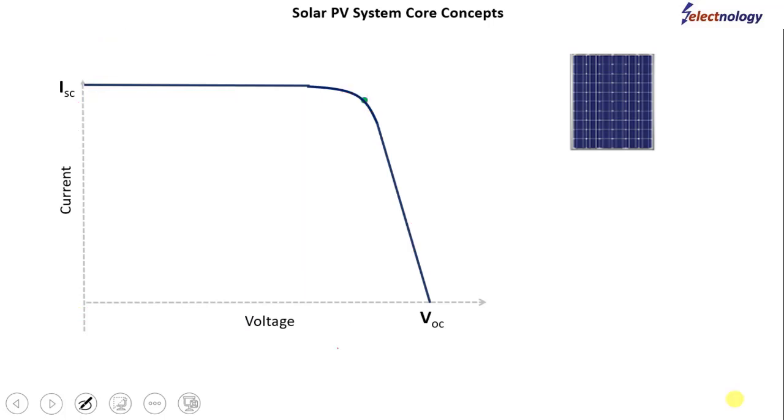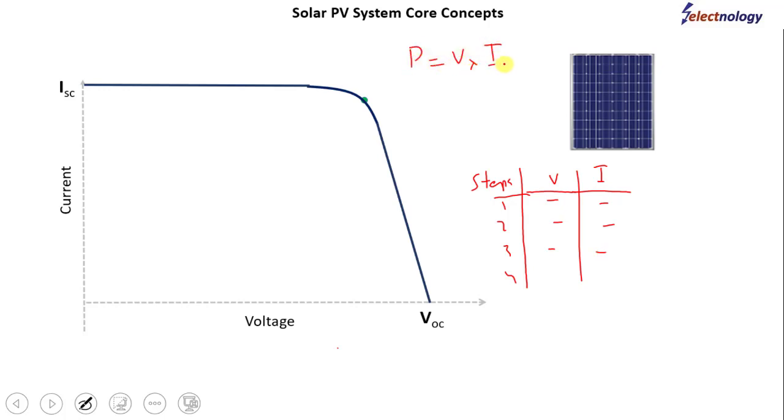Now the question is, at what point should the PV module be forced to operate so we can extract maximum power out of it? If you remember, we made a table with voltage, current, and steps 1, 2, 3, 4. Now the standard formula of power is P = VI.